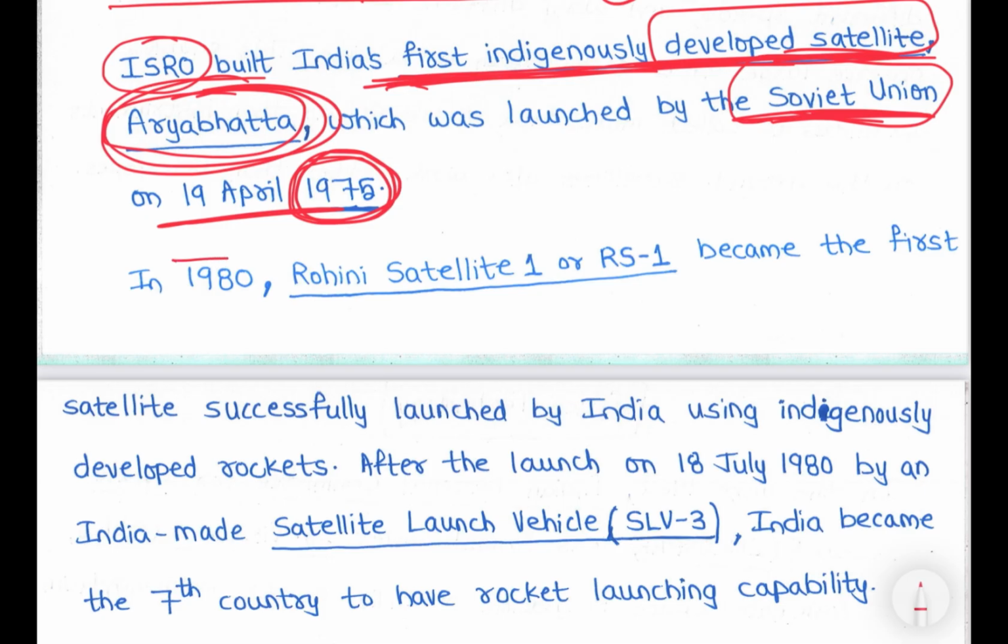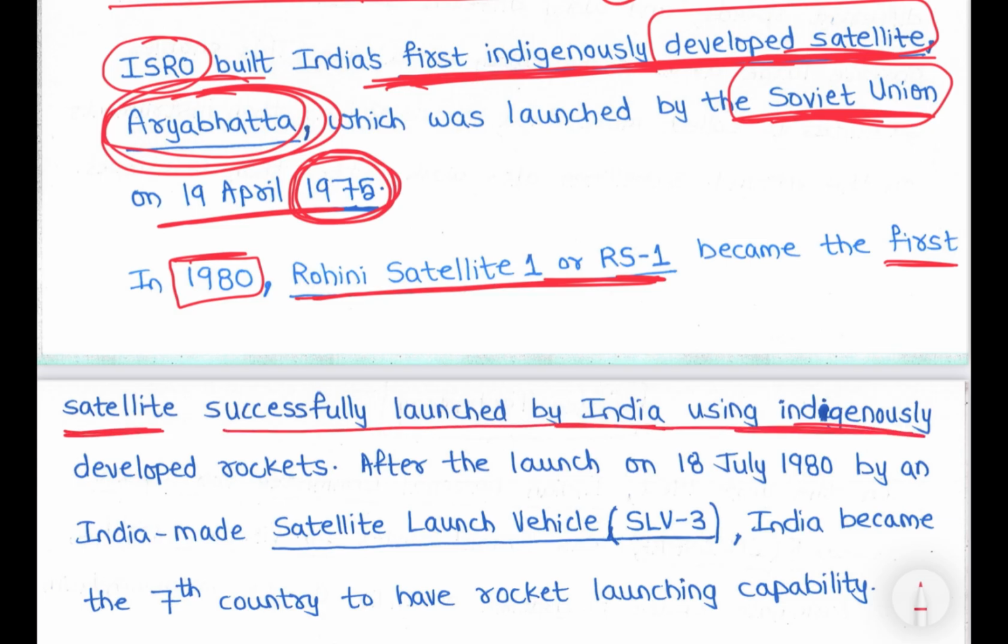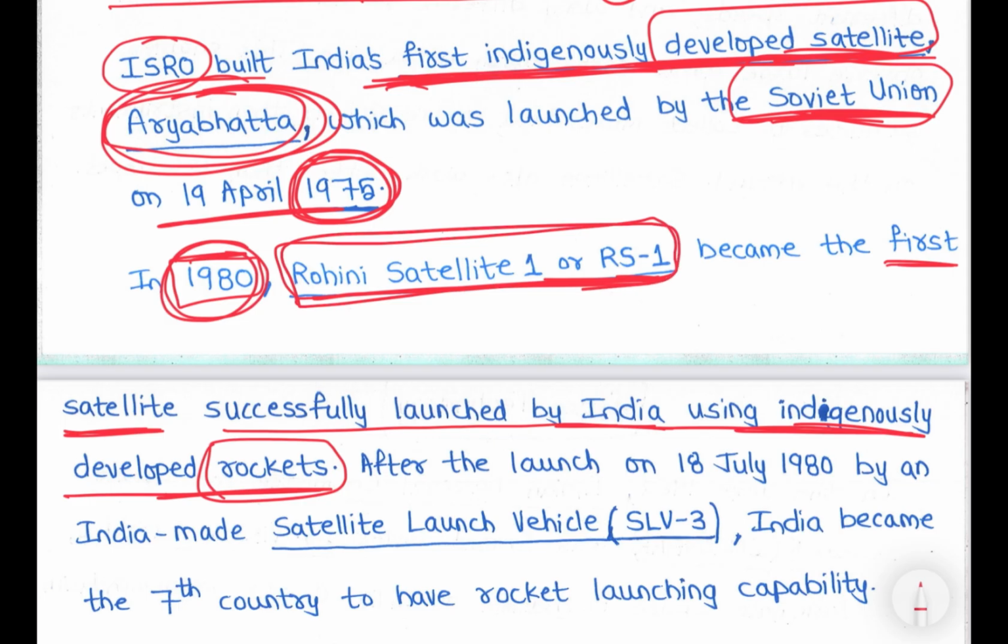And in 1980, Rohini satellite or RS1 became the first satellite successfully launched by India using an indigenously developed rocket. So that means by 1980 we had developed a rocket and using that rocket we launched Rohini satellite 1, right?